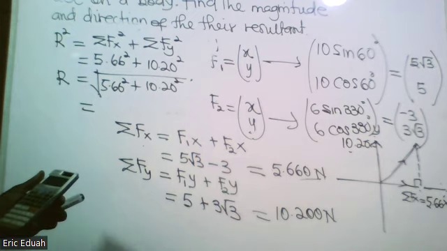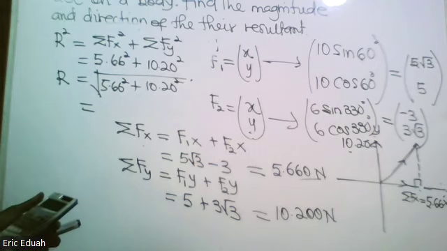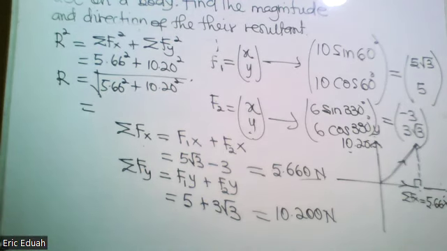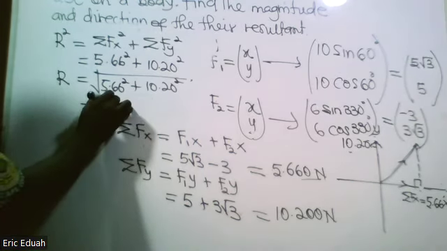Because I'm getting 11.665. Yes, please. That's the square root of 136.076. I mean the final answer. Yes, please. It's 11.665.